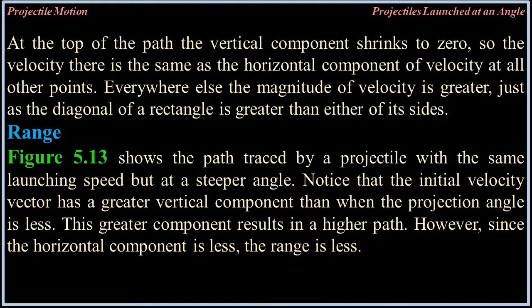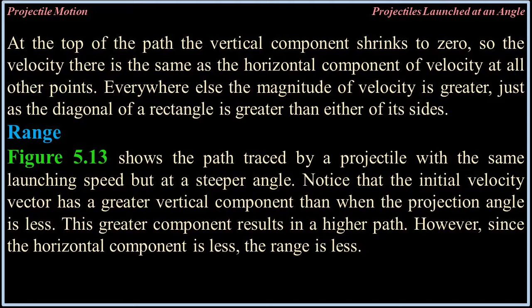Range. Figure 5.13 shows the path traced by a projectile with the same launching speed, but at a steeper angle. Notice that the initial velocity vector has a greater vertical component than when the projection angle is less.